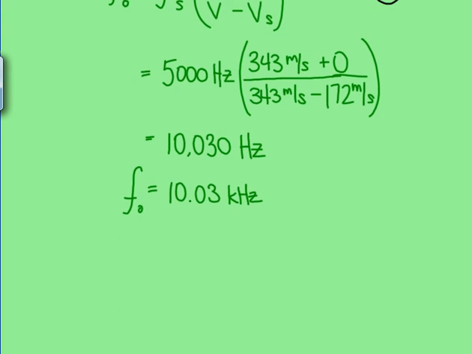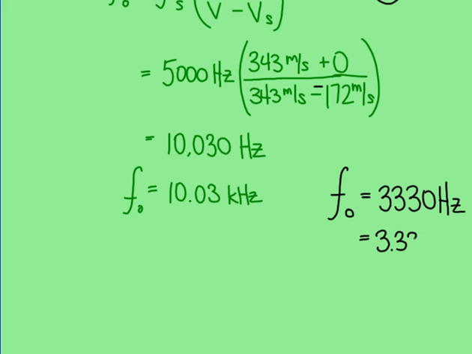So I'd plug in negative 172 here, so 343 plus 172, since the negatives cancel each other out in a way. In that case, the frequency becomes 3,330 hertz, or 3.33 kilohertz.